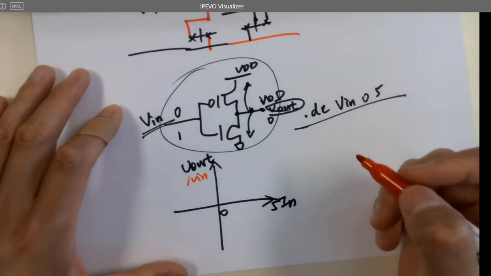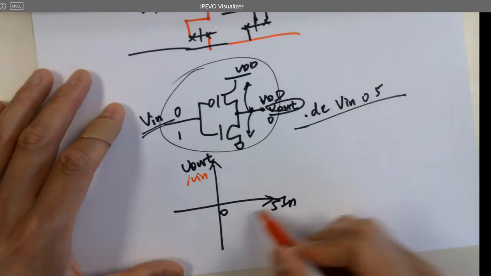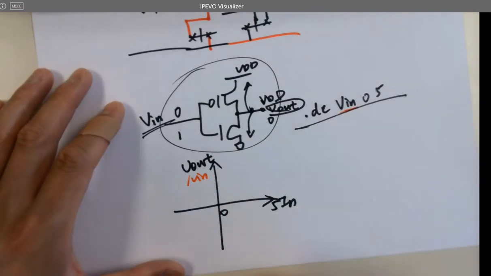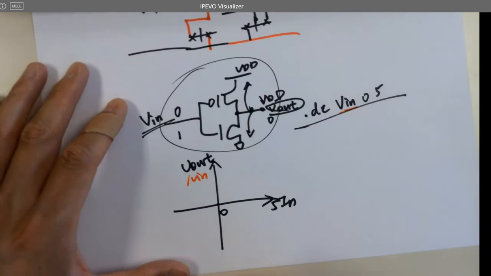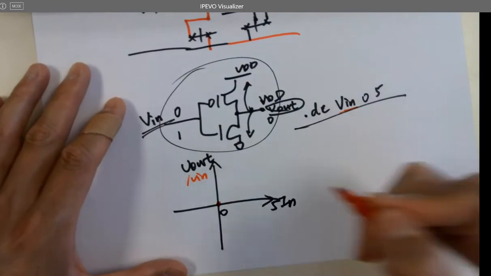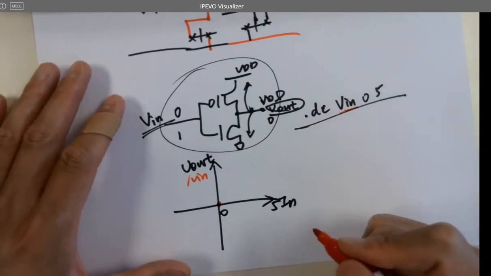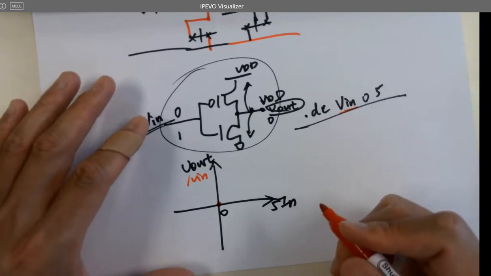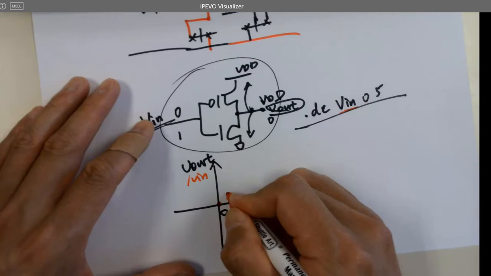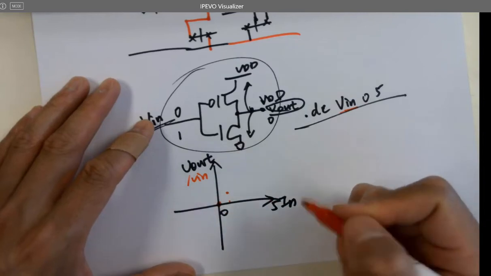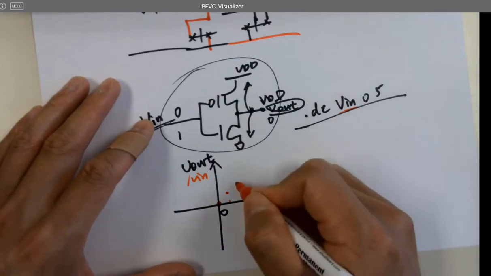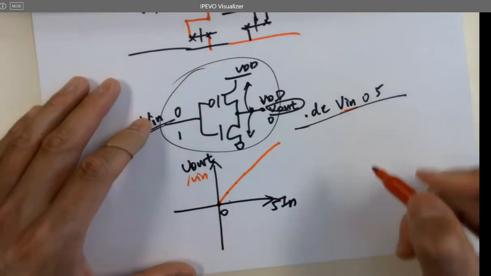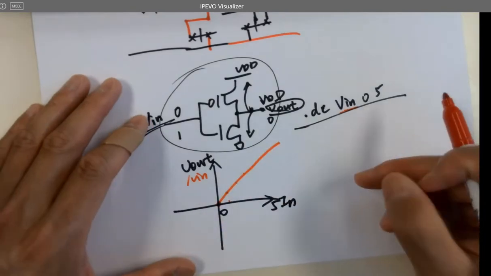So if V in is 0 volts, what is V in? 0 volts. So I'm going to plot the first number here, the same point. When V in is 1, what is V in? 1. When V in is 2, what is V in? 2. So it's linear, right? That's V in.